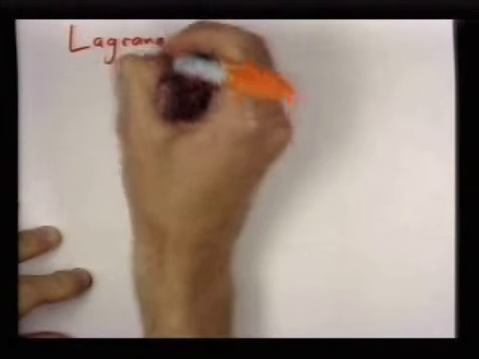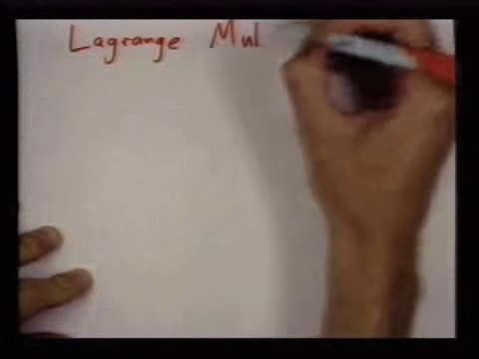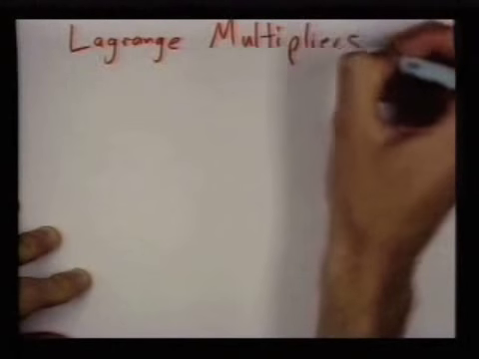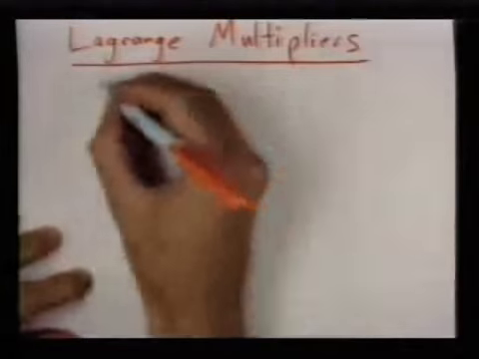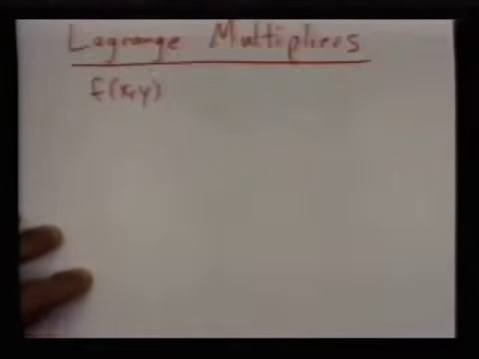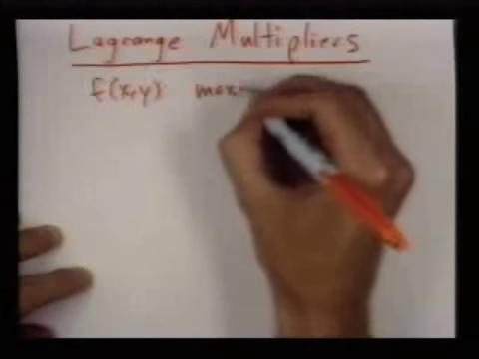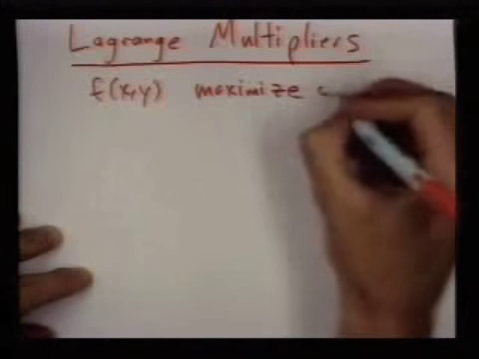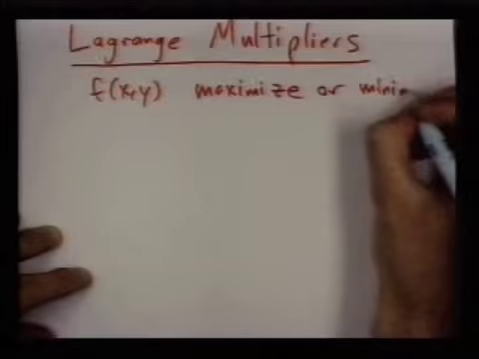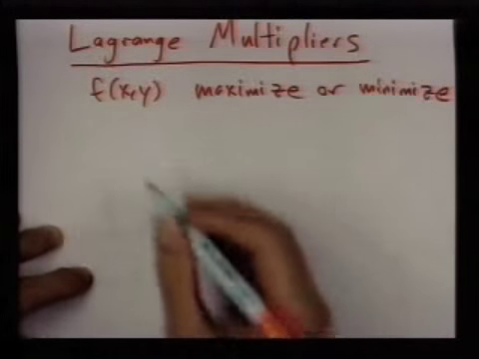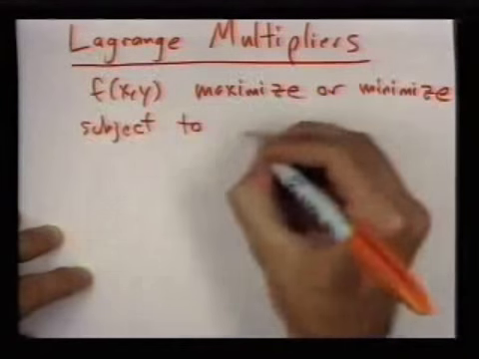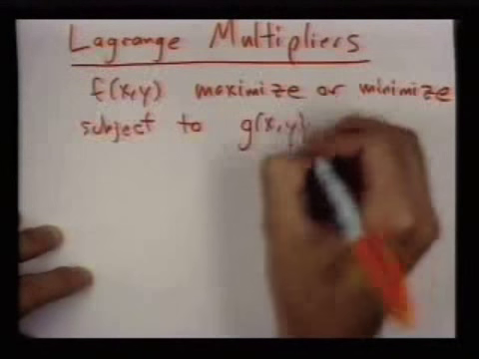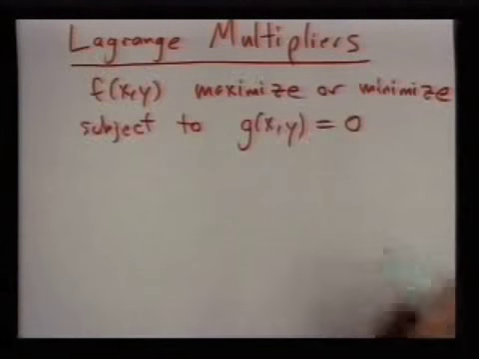So let me go into some details. The situation is that we have a function of two variables, and we want to maximize or minimize this subject to the condition that we're only looking at ordered pairs that satisfy some equation.